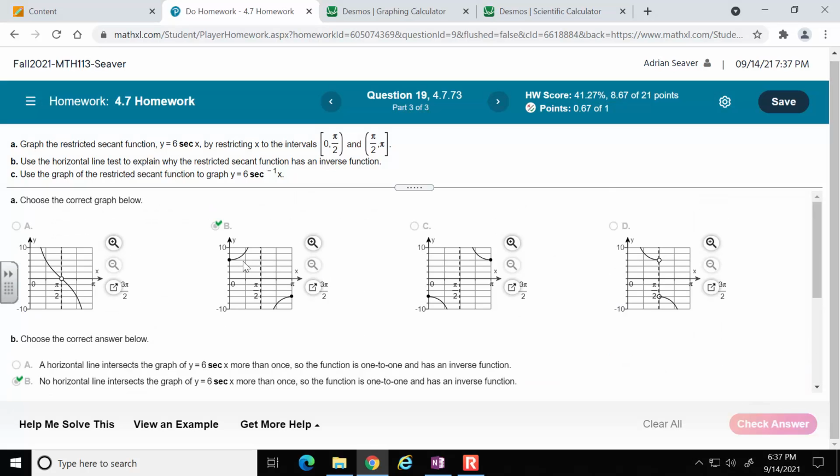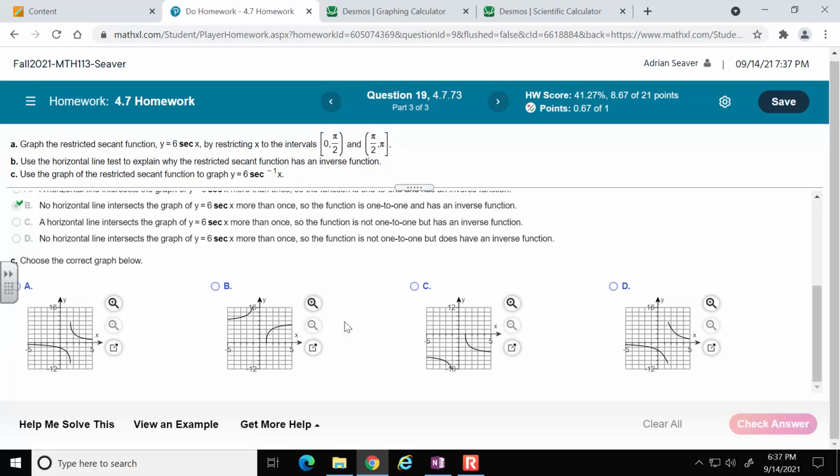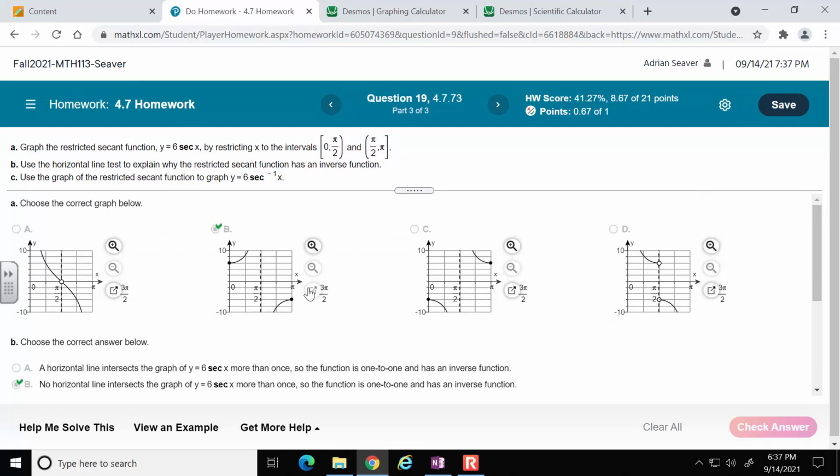So 0, comma 8, so 8, comma 0 should be on our graph, but it might not be shown here, right? Because it's only going to 5. I don't think it's showing it all to scale. So let's pick a different point.